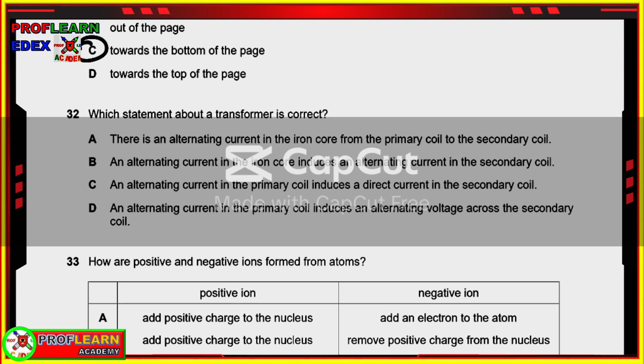We don't have any current inside the iron core, so this is not correct. Alternating current in the primary coil induces a direct current? No, it induces an alternating voltage across the secondary coil. So the correct answer is going to be D.